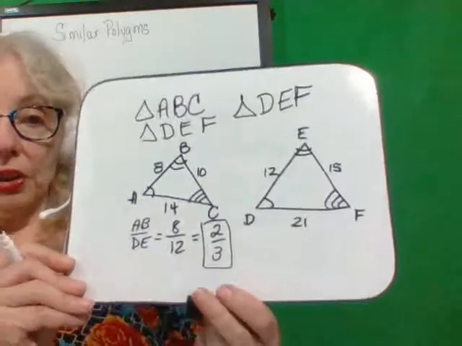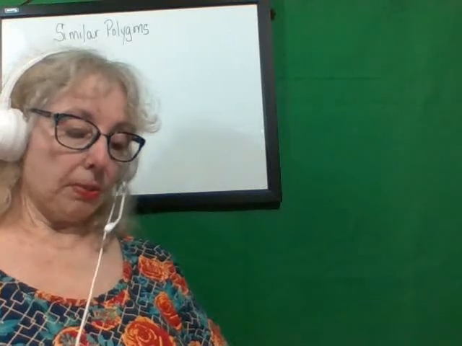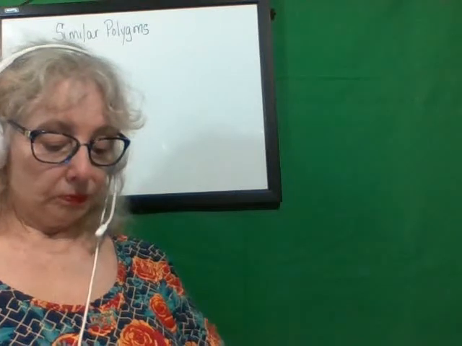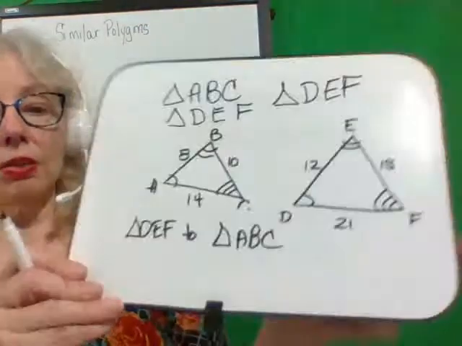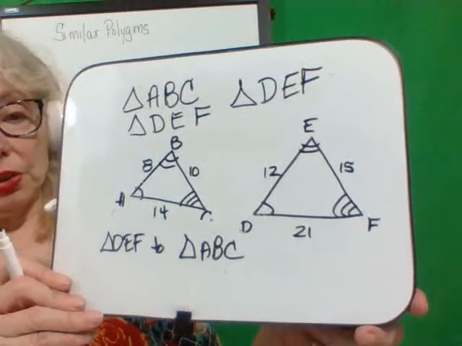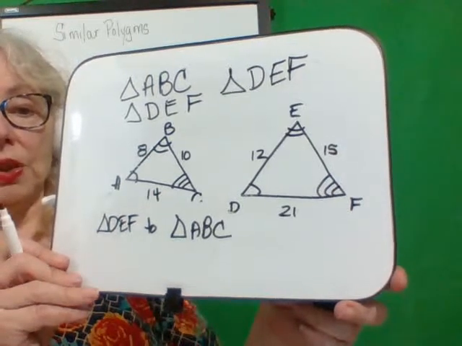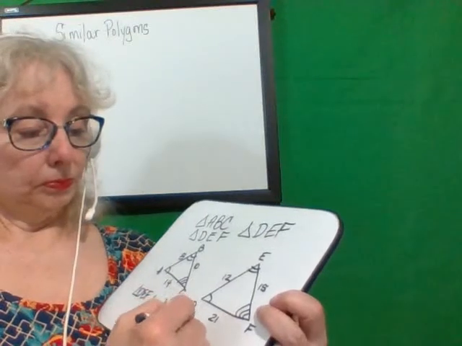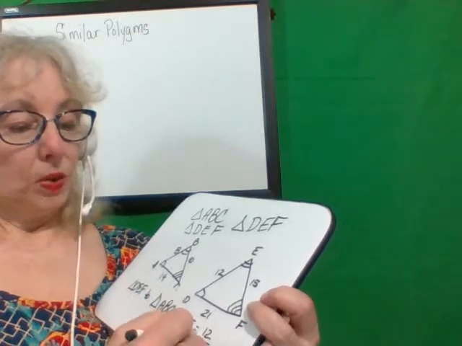Now we can also turn it around and go the other way. Now we're going to compare triangle DEF to triangle ABC, so we're going from a larger triangle to a smaller triangle. So now we would simply do DE, which is 12, over AB, which is 8.